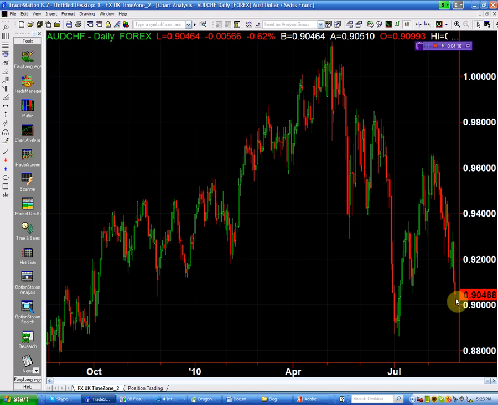Usually the intervention would happen when there is a capitulation, let's say in the Aussie Swiss, or the Swiss franc moves and makes new highs and that market is overextended. This is usually the best time for the central banks to come in and intervene. Having said that, we still have to be looking at the short side.